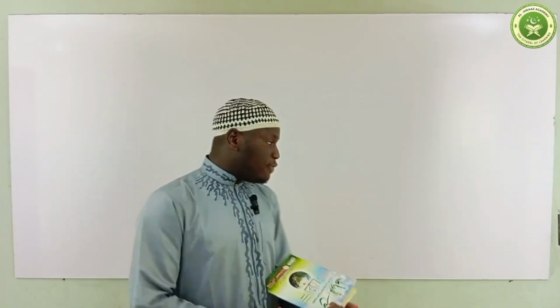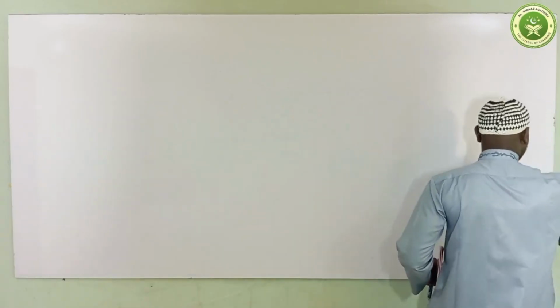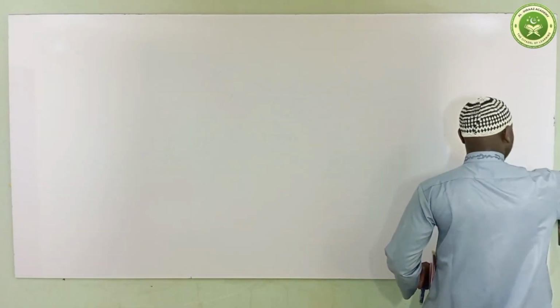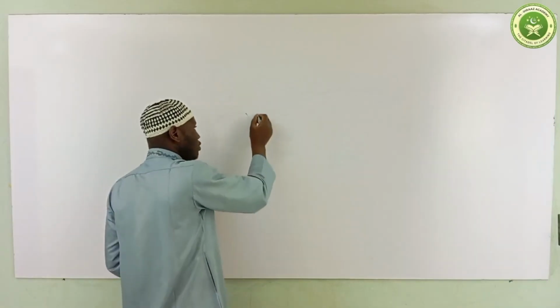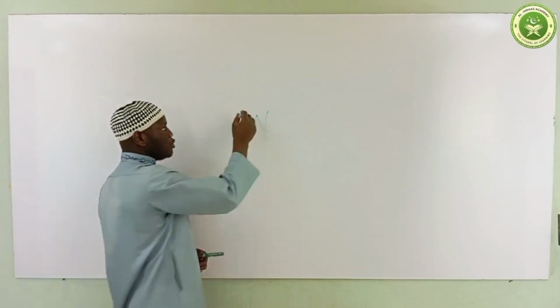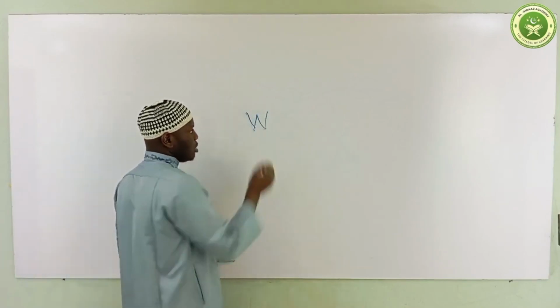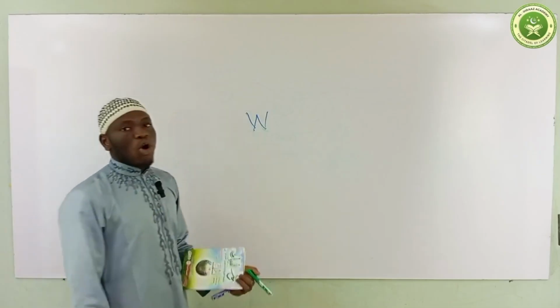I call this family the W family for a reason, and I believe you will accept it with me. You can see this thing that we have here. Can you see this is W? We have W here. So this is what we call the W family.